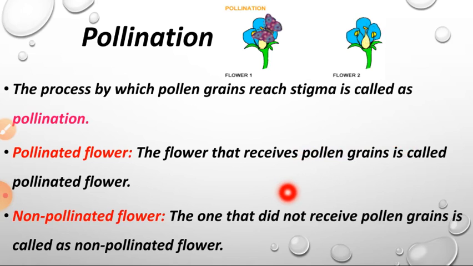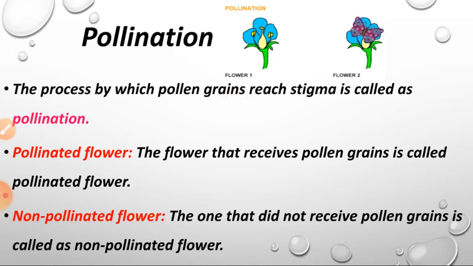The one that did not receive pollen grains is called a non-pollinated flower. So first, what do you mean by pollination? The process by which pollen grains reach a stigma is known as pollination.